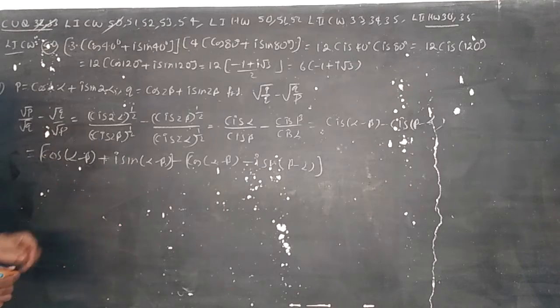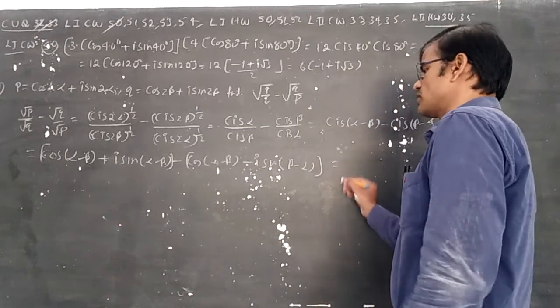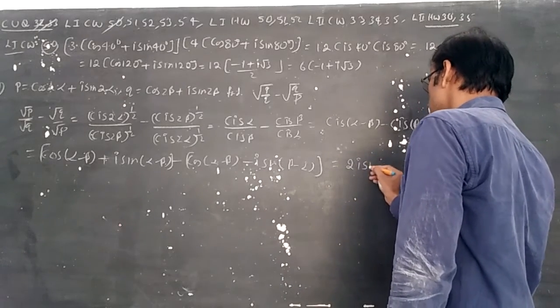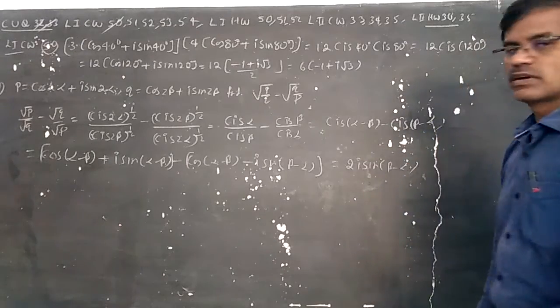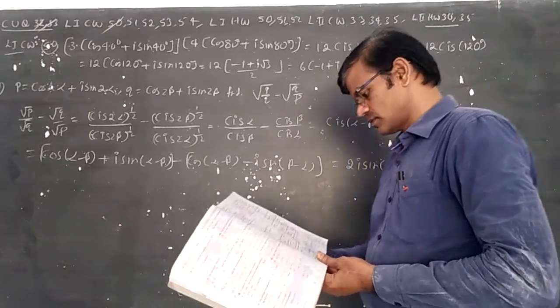By subtracting, cos of alpha minus beta gets cancelled, and i sin of beta minus alpha plus i sin of beta minus alpha becomes 2i sin of beta minus alpha. Whenever there is a minus, you will get only the imaginary part.